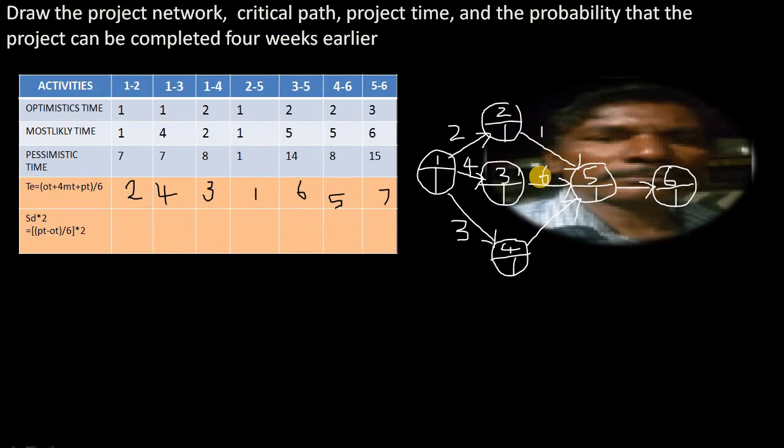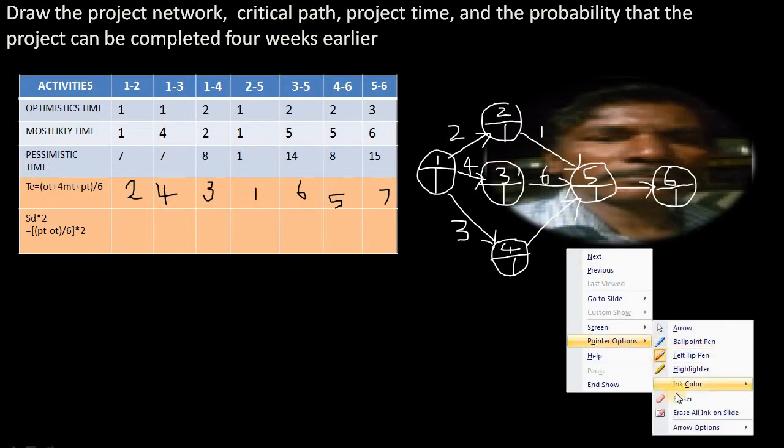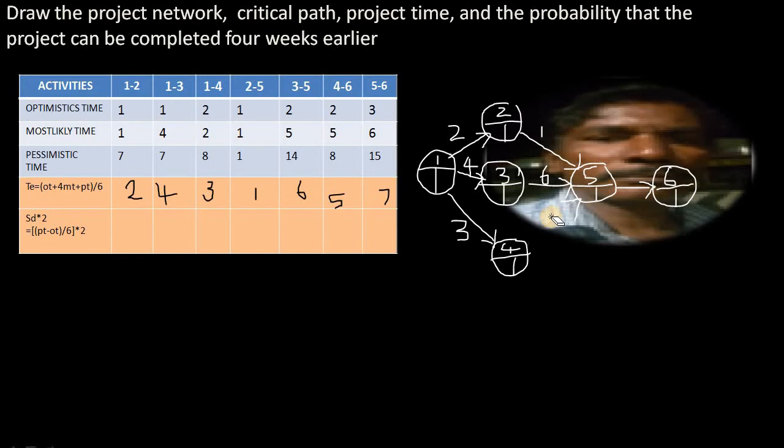4 to 6, 5 weeks. Am I correct? So it is not here. It is 4 to 6, I think so. We have made a mistake there. It is 4 to 6, not 3 to 6.